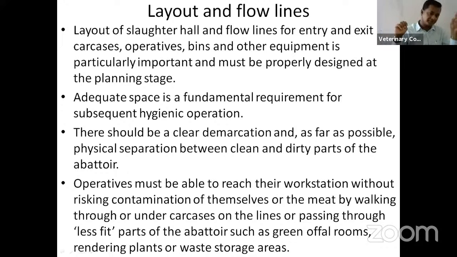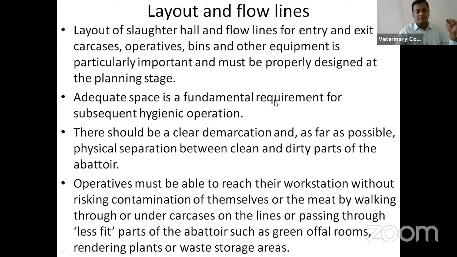So the layout and the flow lines should be such that there is no functional contact between the cleaner areas and the areas where contamination is expected, especially the green offal rooms.